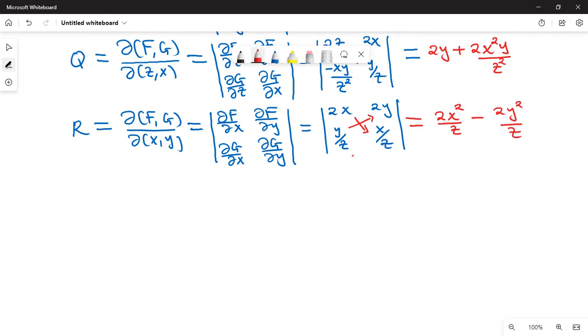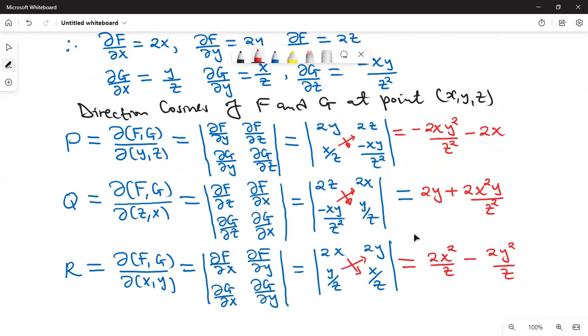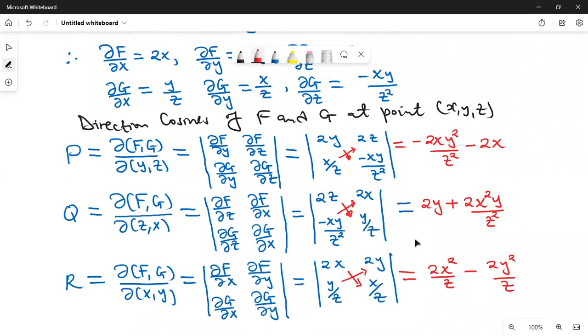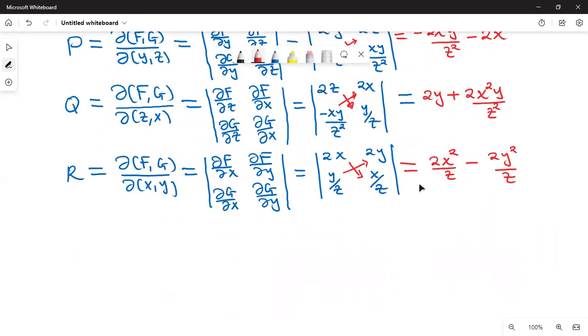Now, we also need to get other direction cosines, of course, for the orthogonal family. Remember, when you talk of orthogonal trajectories, you're given a family, and your task is to find another family of curves such that every curve in the first family will intersect with every curve in the second family at 90 degrees or at right angles.